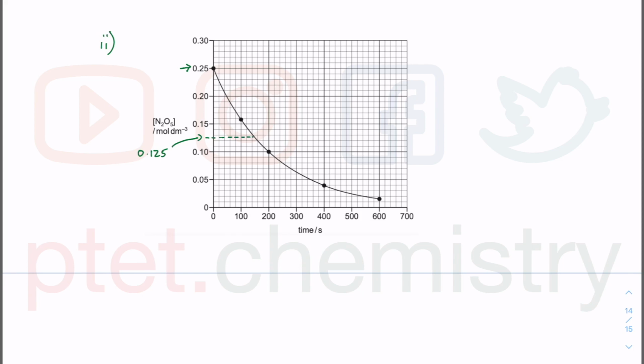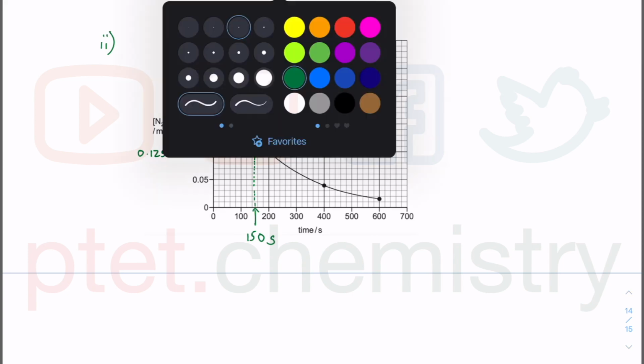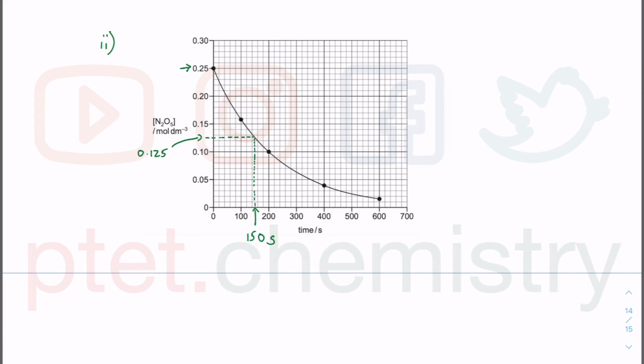So if I do it like that, then I will get somewhere in between there. So to read that carefully, there's 100, there's 200, so there's 120, 140, so there's 150 seconds there. You can't really do half-life just by the first one, but let's do a second one just to confirm what we are thinking.